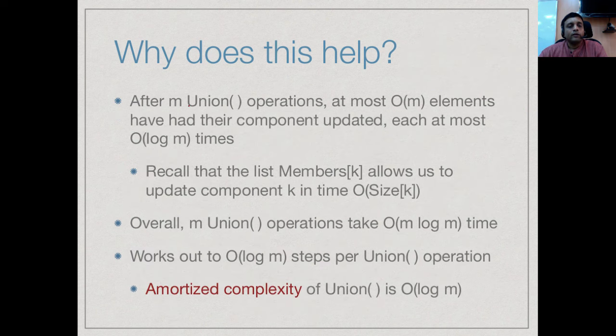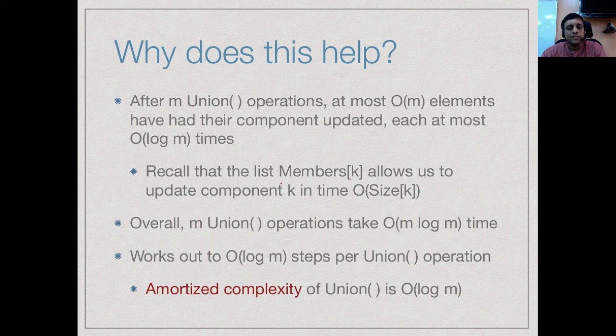So if we look at the sum total of m union operations, we know that 2m, so order m elements have had their component updated, and each has been updated at most log m times. And remember that when we are updating elements, we don't touch any element which is not updated. It's not the old setup where we have to scan all the nodes 1 to n in order to decide which ones to update.